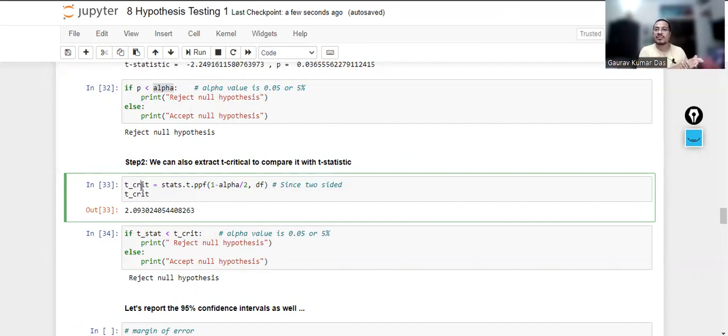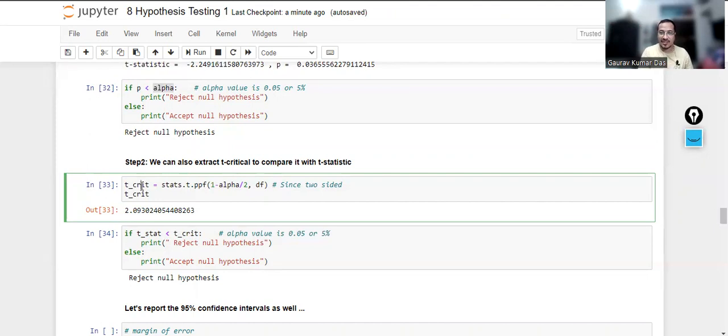It's the same thing which I was doing before, just tweaking here and there, right? T-critical is that point beyond which lies the alpha value. So if I have to use the alpha value to find the critical value, I have to do 1 minus alpha, because that function of PPF will give you the value of the random variable which encloses that amount of probability.